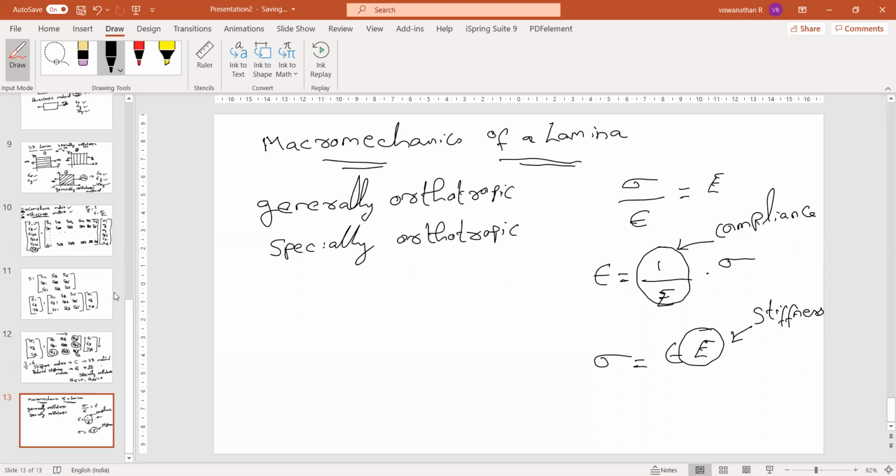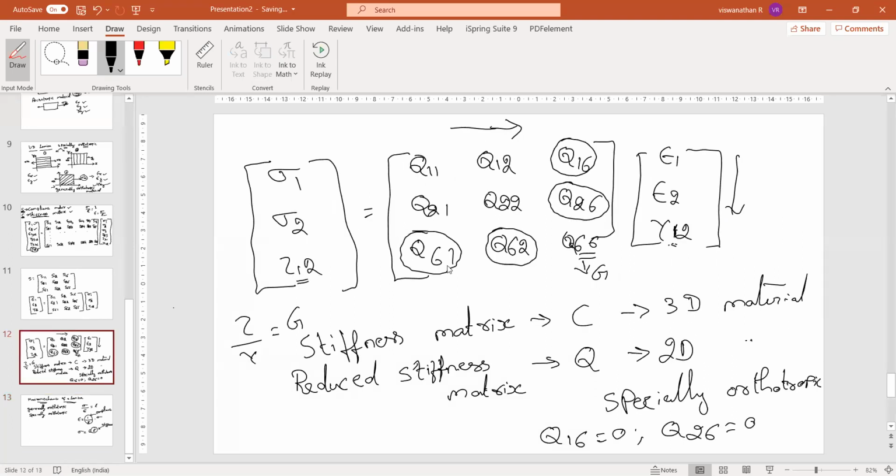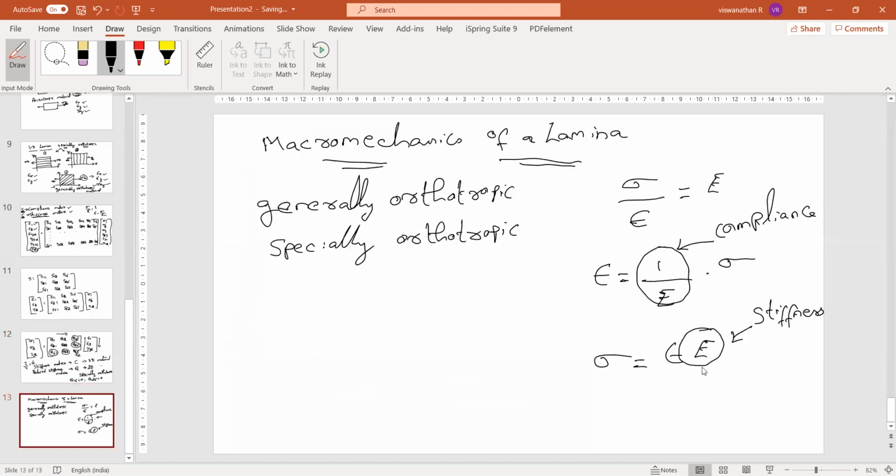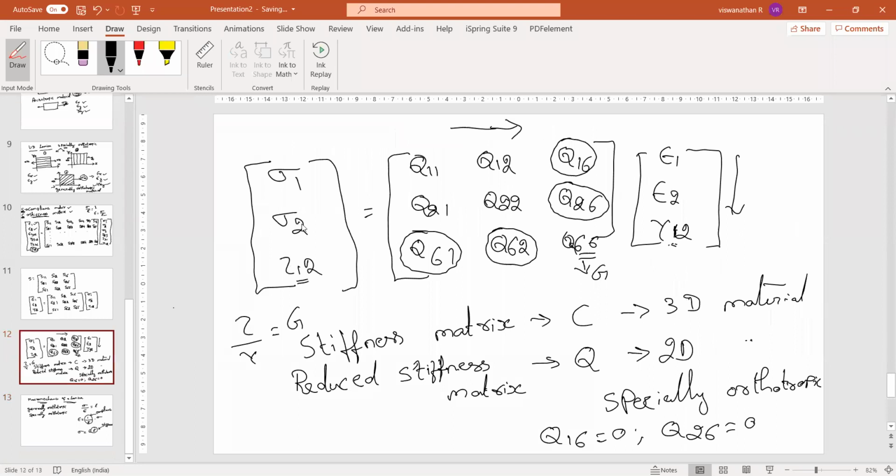Now, what is this one then? Compliance. Just now I wrote this. Stiffness, sir. Sigma is equal to epsilon into E. You have sigma here, you have epsilon here. This should be E, right? Yes, sir.